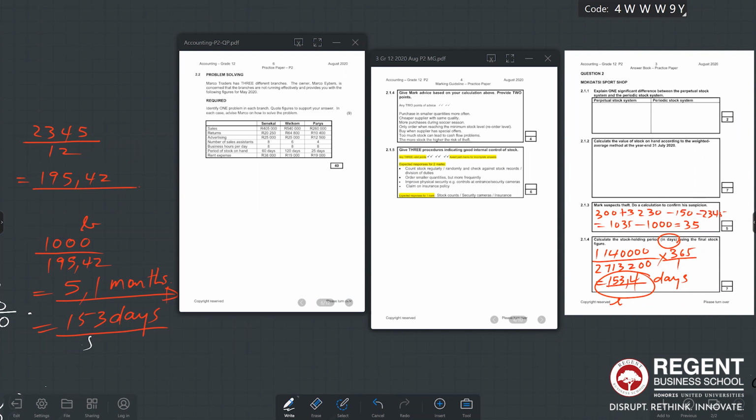Always look at each one, and try to look for things that seem out of the ordinary. So the question is, identify one problem in each branch, quote figures to support your answer in each case, and then advise Marco on how to solve the problem. So they want you to identify the problem and give a solution.